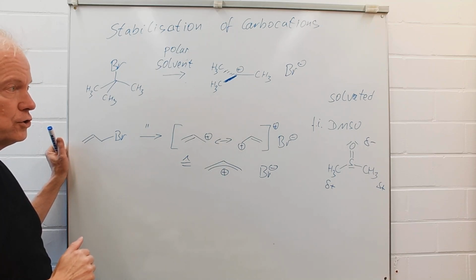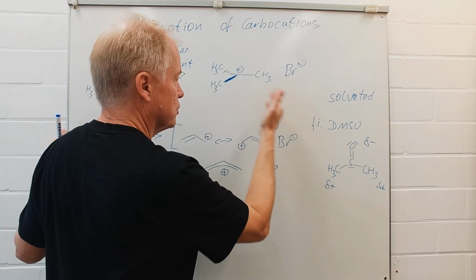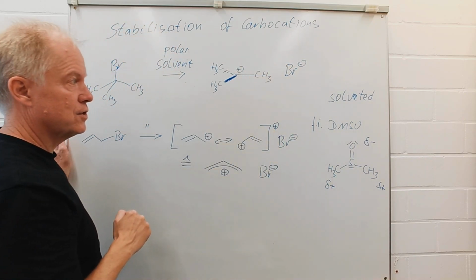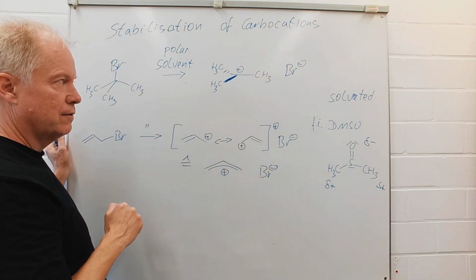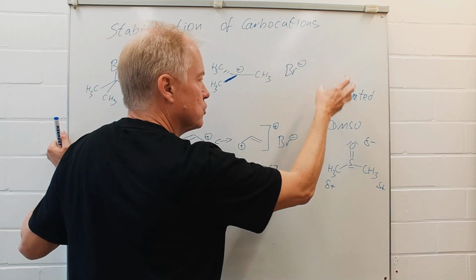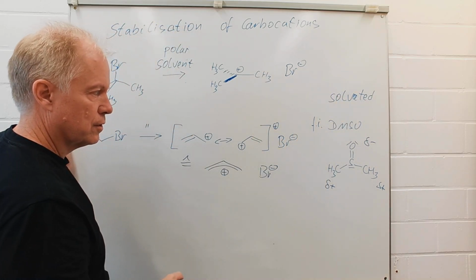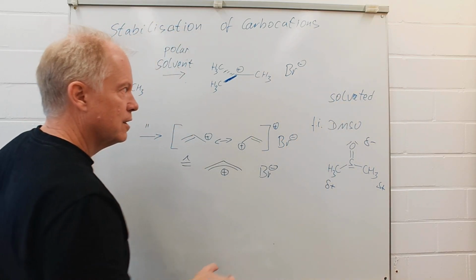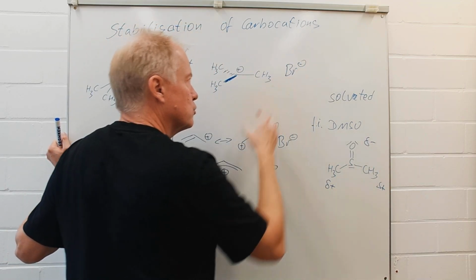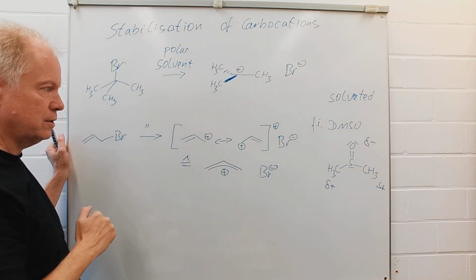Then, in addition, of course, a stabilization by the solvent. These ions are solvated. That means around the bromide there will be the solvent molecules, preferentially with the delta plus part in close proximity to the bromide.